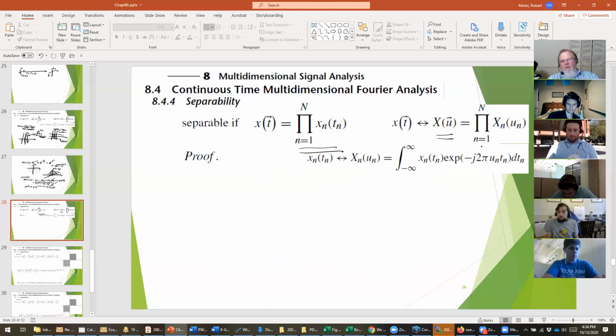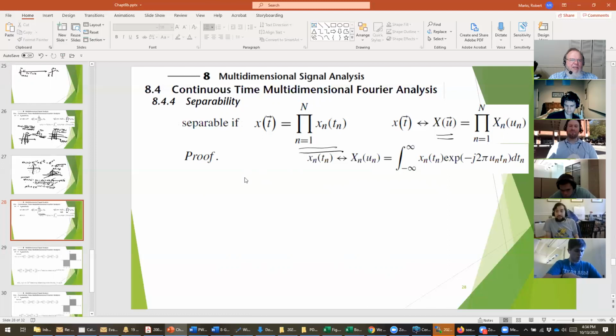If you're like me when you first look at this, you said, hey, wait a minute, hold your taters. If you multiply in the t domain, in the frequency domain, you convolve, right? What happened to that? Well, it turns out it isn't applicable here. You have to multiply in the same variable.